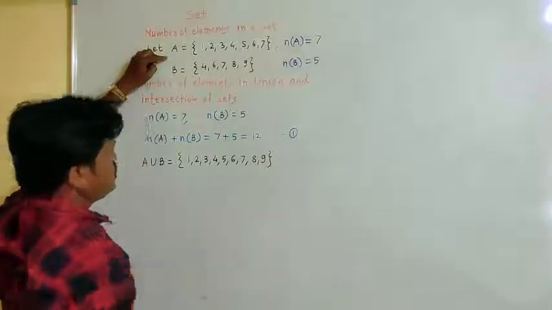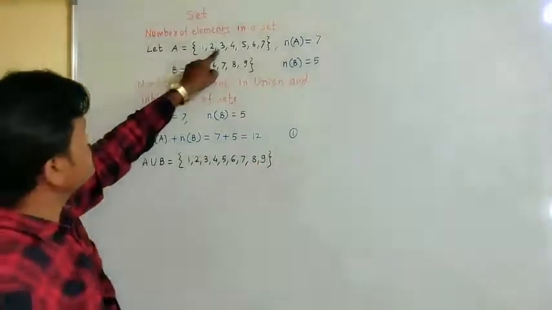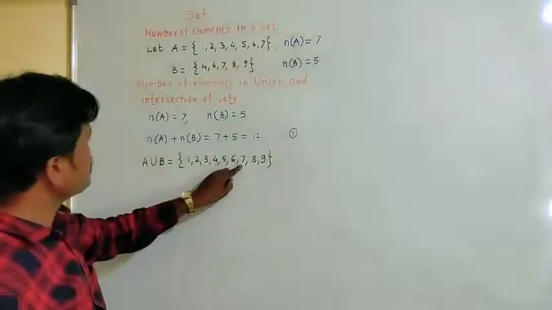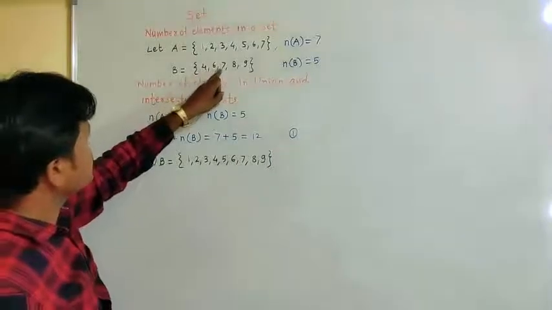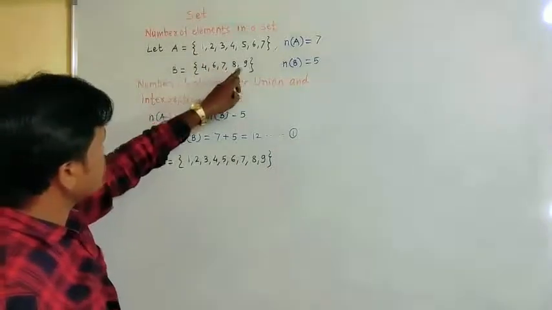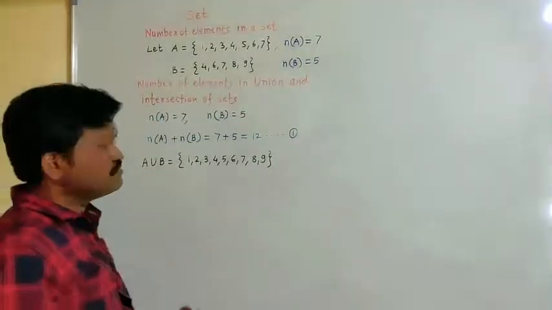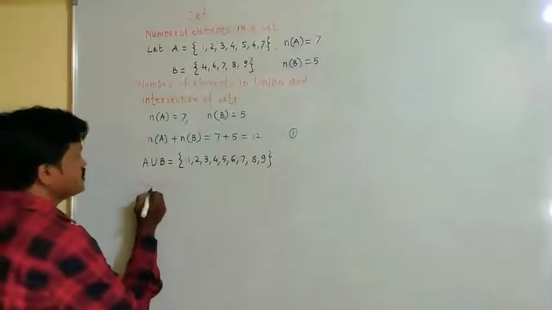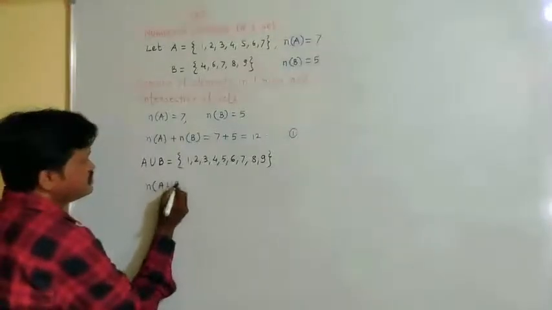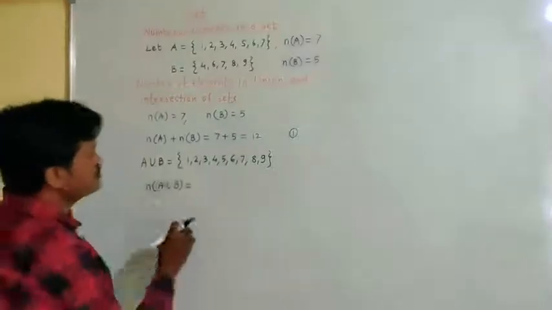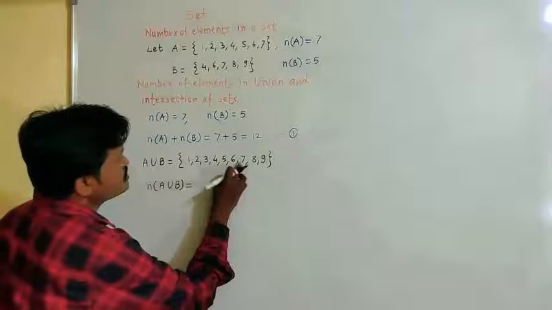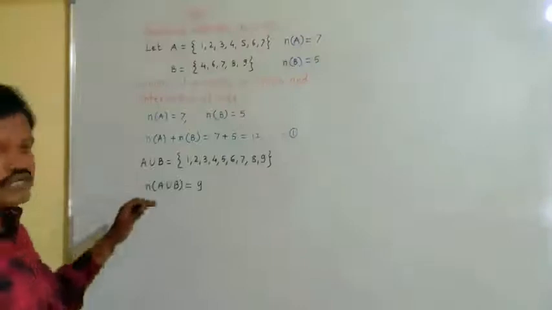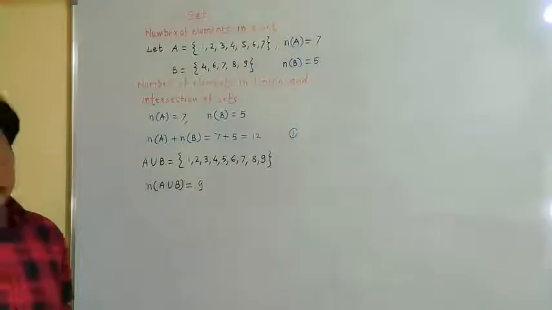So look here, 1 2 3 4 5 6 7, and here 4 6 7 is repeated. I write here 8 9 only. So that is the union of set A and B. Now how many elements of this? So I write here n of A union B is equal to how many elements? 1 2 3 4 5 6 7 8 9. So write here 9. So these are the number of elements in A union B.